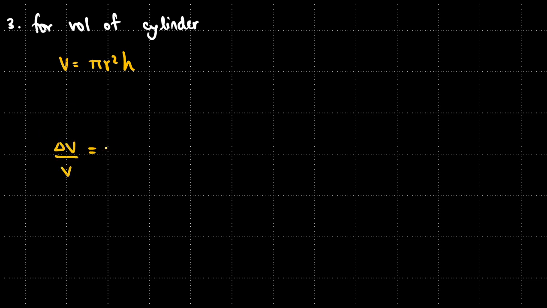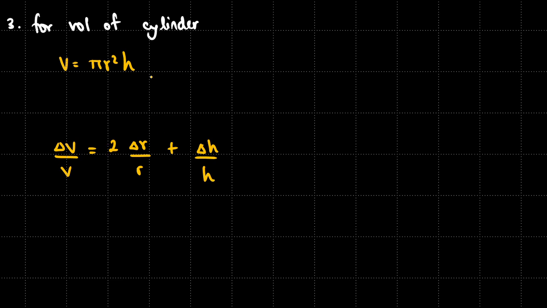The third one is gonna be for volume of cylinder. For volume of cylinder, we know the formula, which is pi r square h, and the relative error is gonna be delta V by V equals, pi is a constant, no need to write for that. The power of r will come over here, and we have error in radius plus error in height.